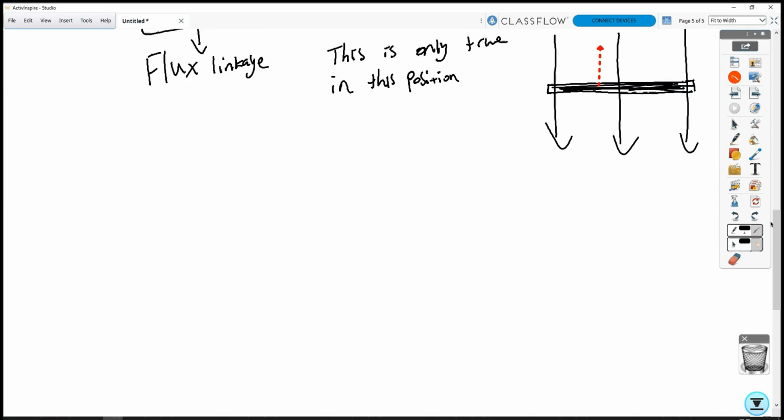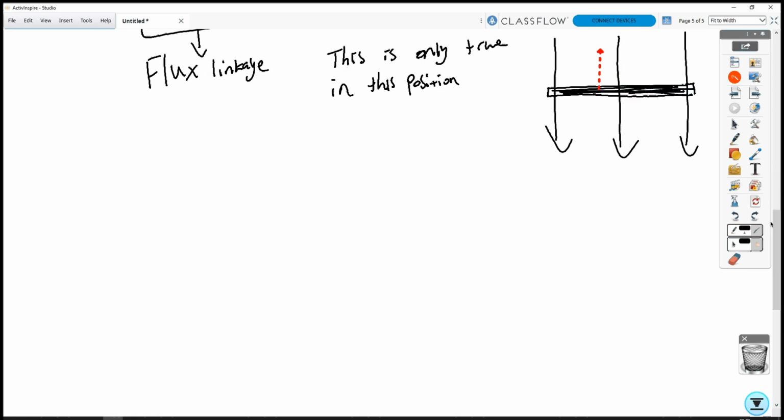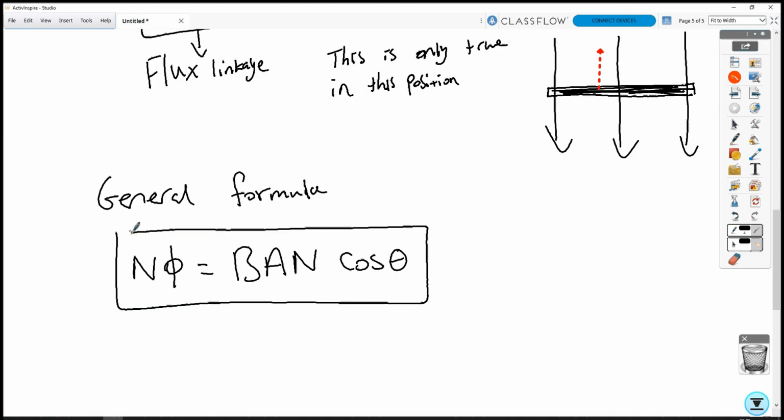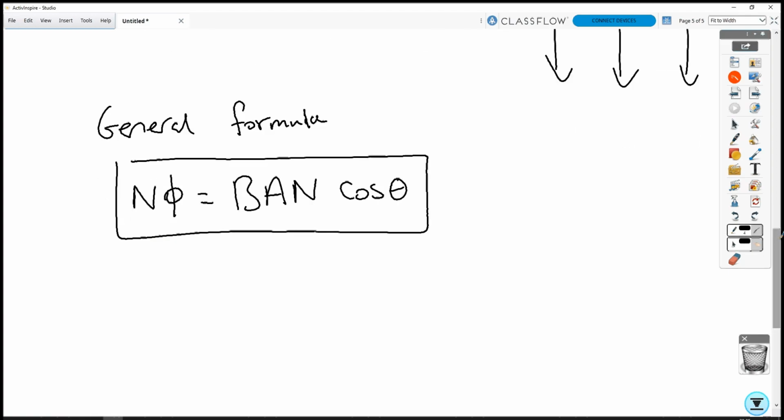So sometimes though, we can have more complicated scenarios. So the general formula is Nφ equals BAN cos θ. So we can draw what that looks like.